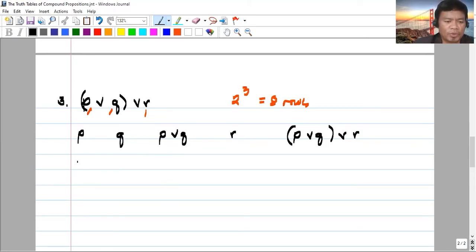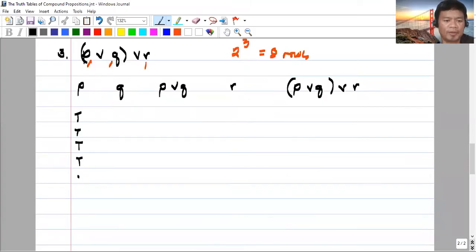So we have true, true, true, true. That is already 4. And the other one, we have false, false, false, and also false. Under Q, we have 2 true and 2 false alternately. So we have true, true, false, false, true, true, false, and false.